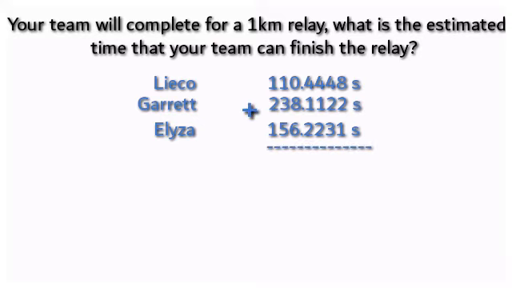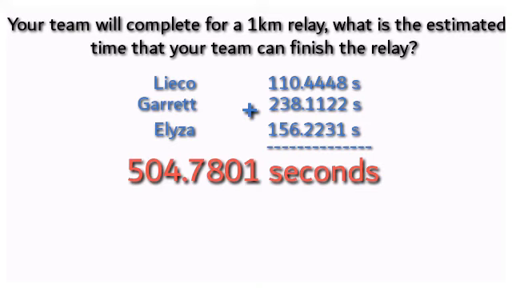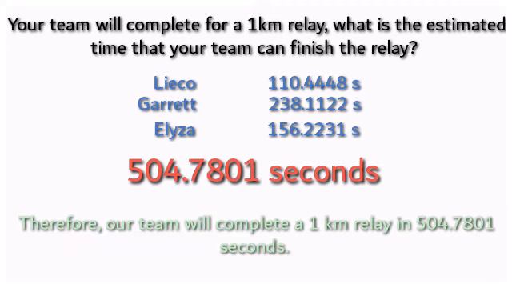Just add all three, and the final answer is 504.7801 seconds. Therefore, our team will complete the 1 kilometer relay in 504.7801 seconds.